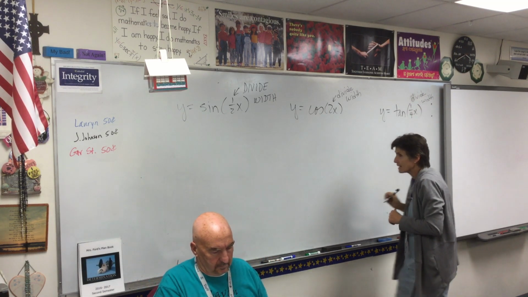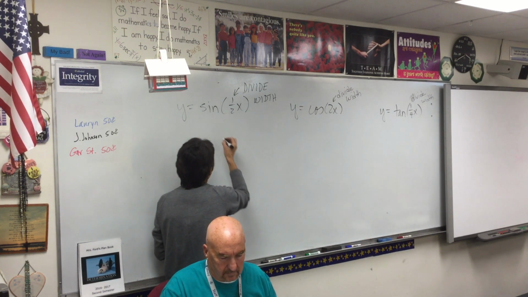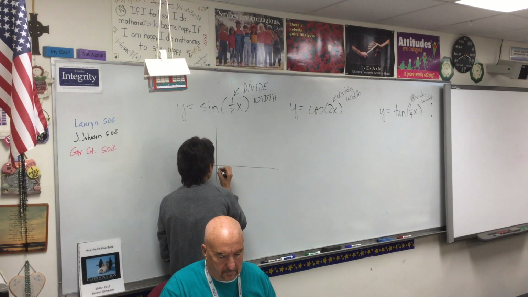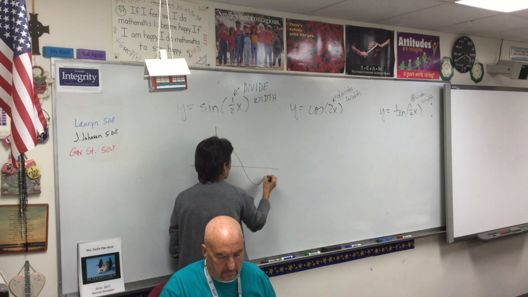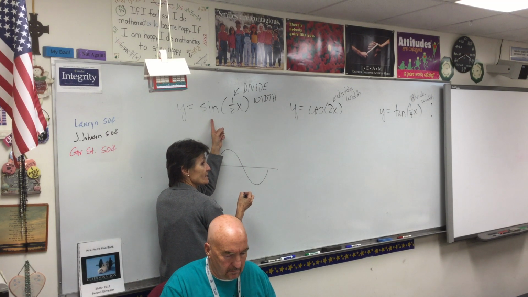All right, so how does that impact me? Well, it's not as bad as you might think. I'm going to start by graphing a sine curve. This problem, the first one we're doing here, is a sine.